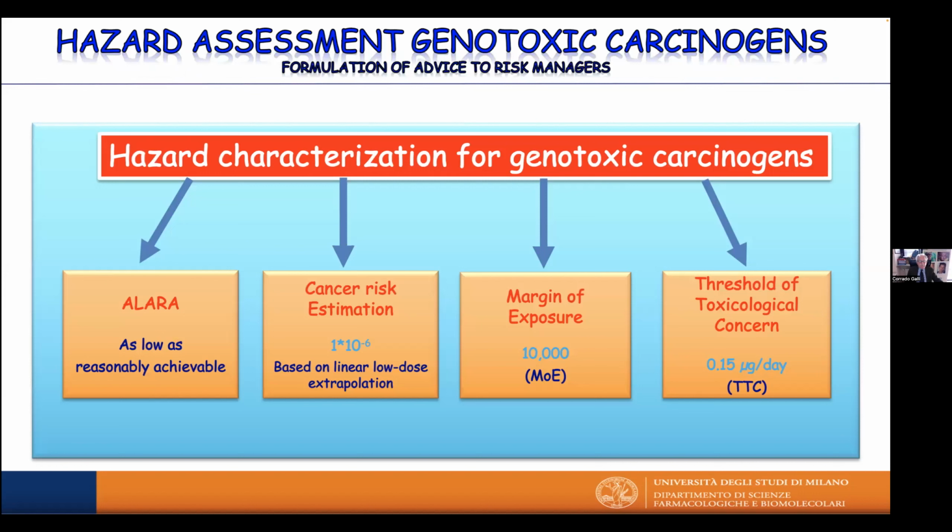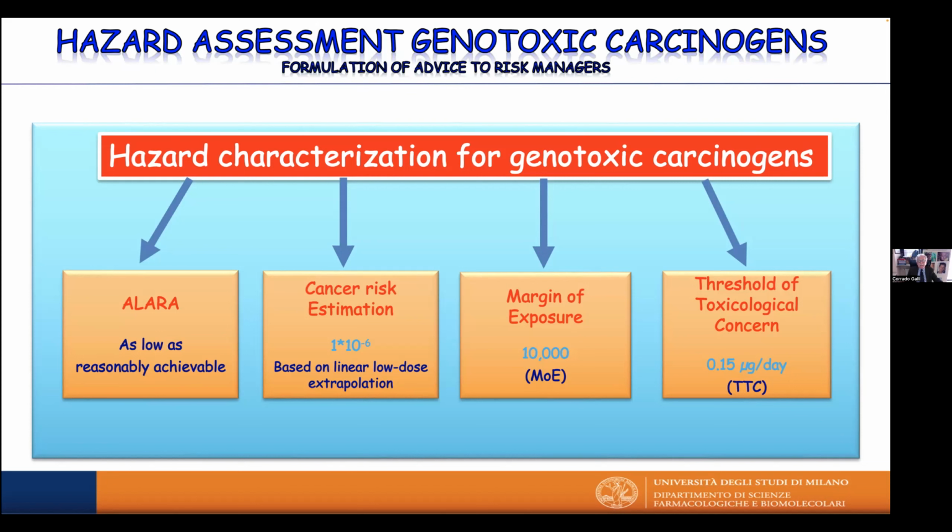Now, very quickly, there are four solutions for the hazard characterization of genotoxic carcinogens. The first one is ALARA. It's not very much used, because it's just a hazard approach and not very useful. Then the major ones: the cancer risk estimation based on linear low-dose extrapolation, where you calculate the 1 in 10^-6 incidence of tumors in the population.